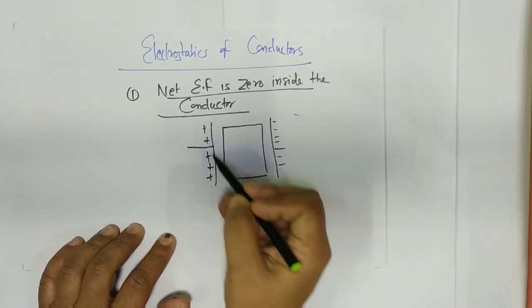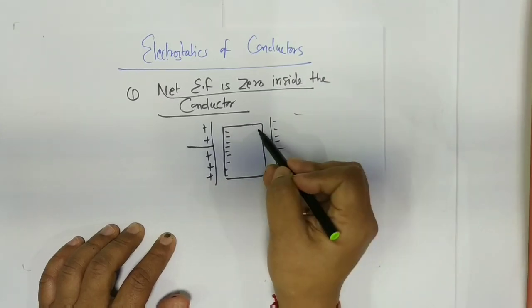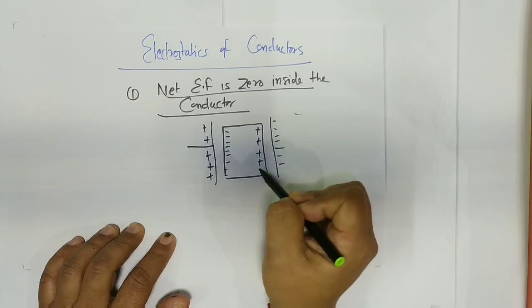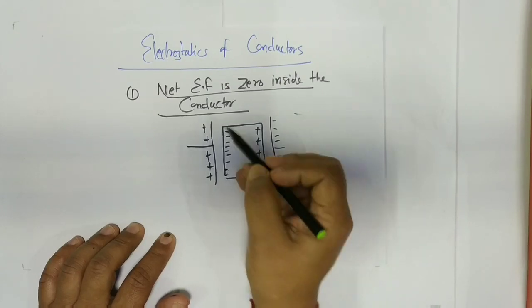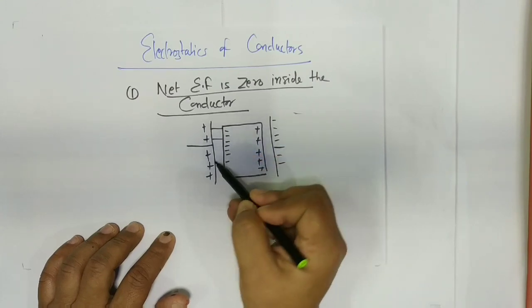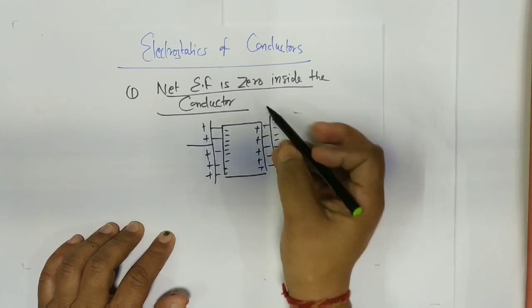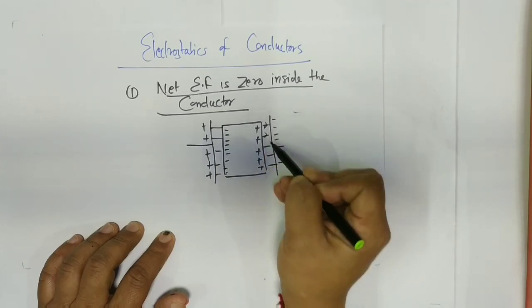If you put a conductor, this positive plate will attract negative charge on this side and this negative plate will attract positive charge on this side of the conductor. So the electric field is going from positive to negative of the plate. So this electric field is which one? The external one.